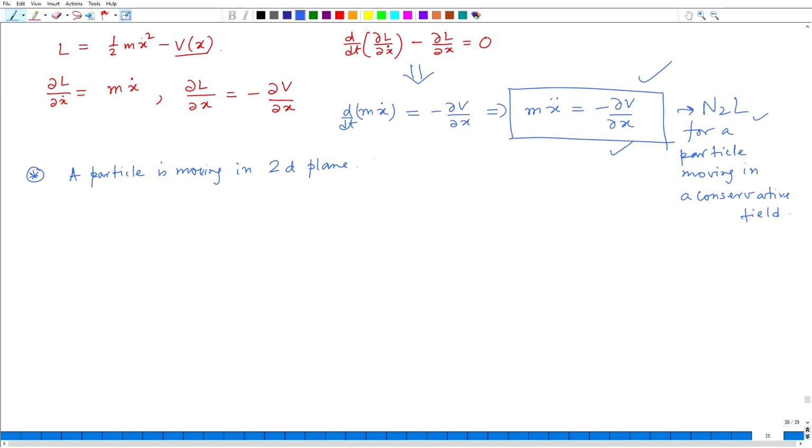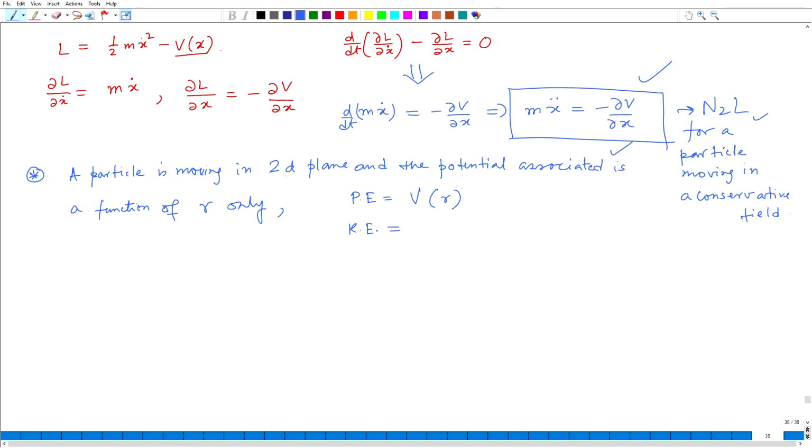I do not know what is the nature of the force, but the potential associated is a function of r only. Okay. So, right from the beginning I said that for the particle the potential energy will be equal to some V of r, and what will be the kinetic energy?